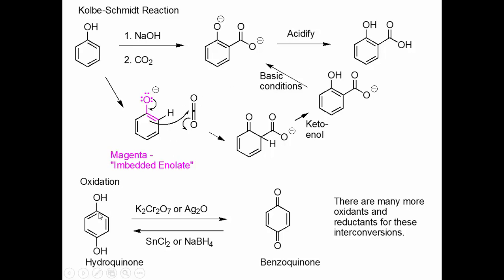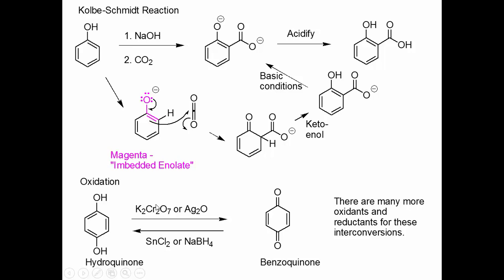Phenols also undergo a rather unique oxidation reaction. Their oxidation products are these types of products called benzoquinones. It's easiest to do this on compounds where the two OH groups are para to each other. It can also be done without the second OH group, but it requires harsher reagents.